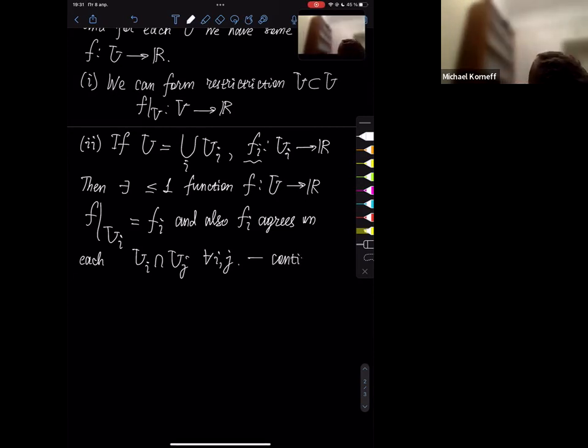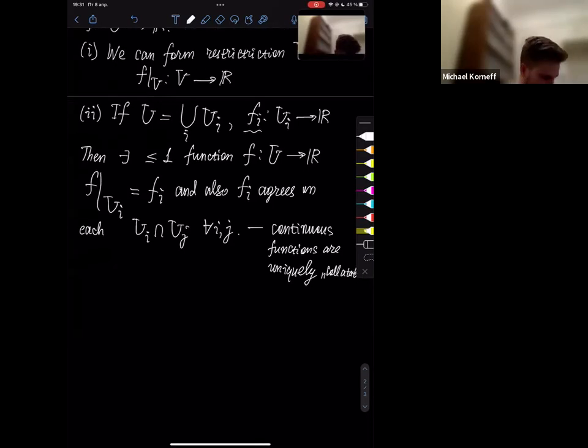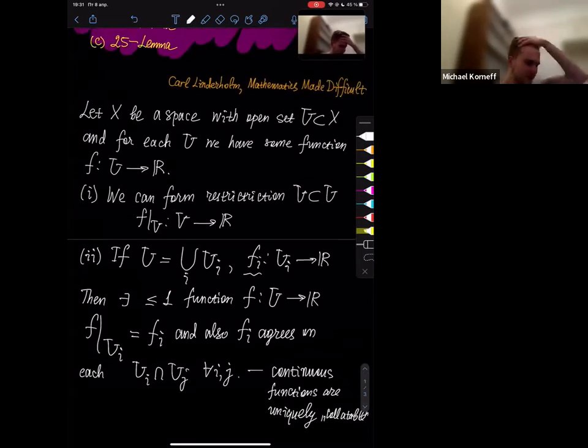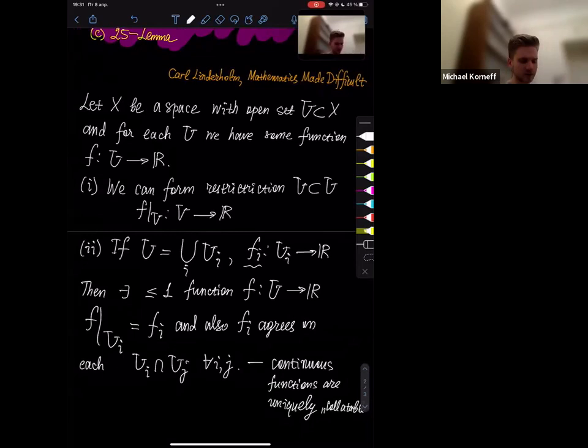Continuous functions are uniquely collectible. Okay, this is an important example.